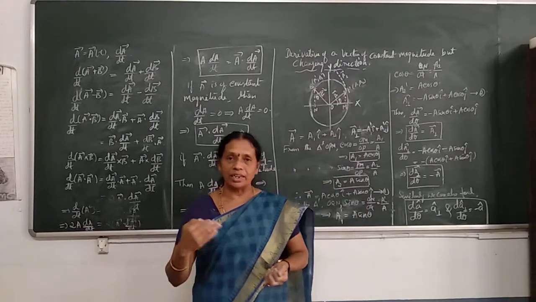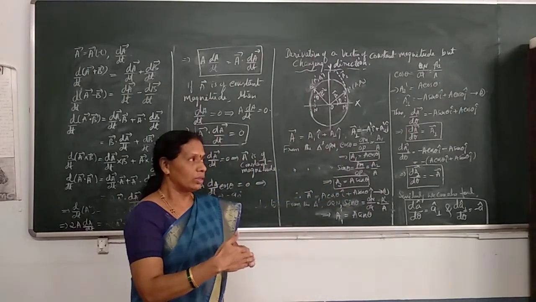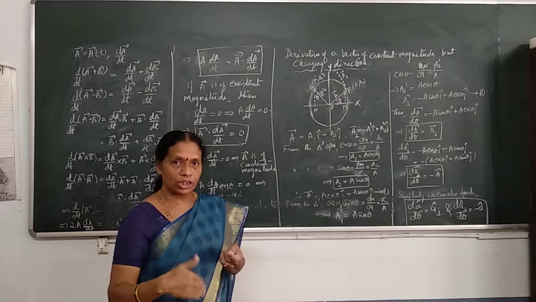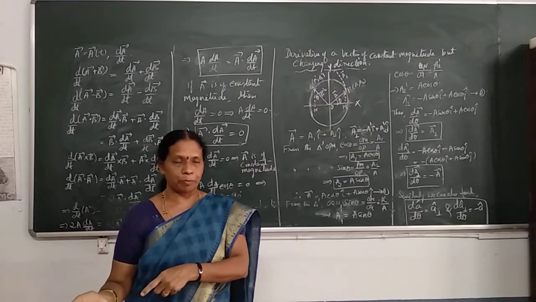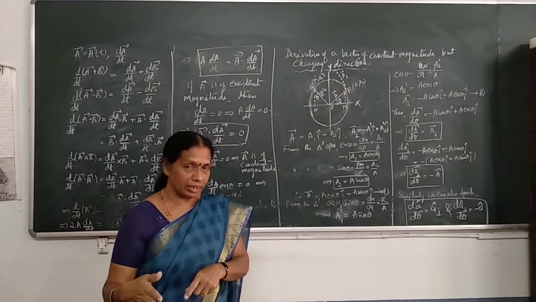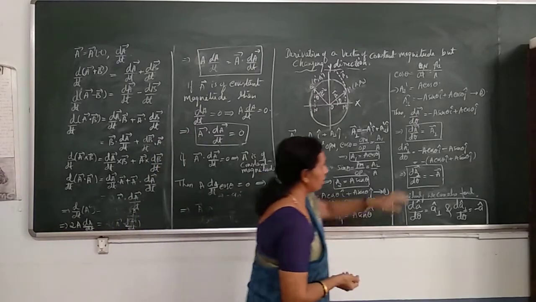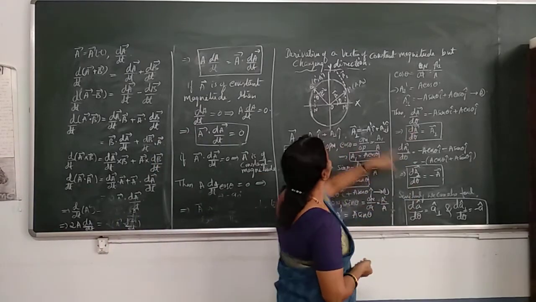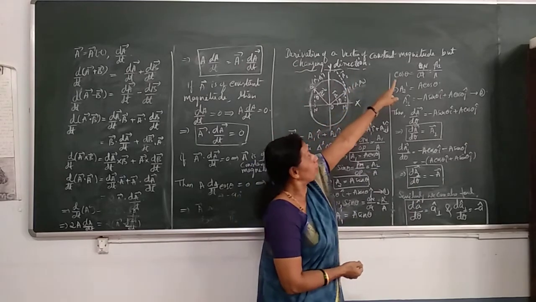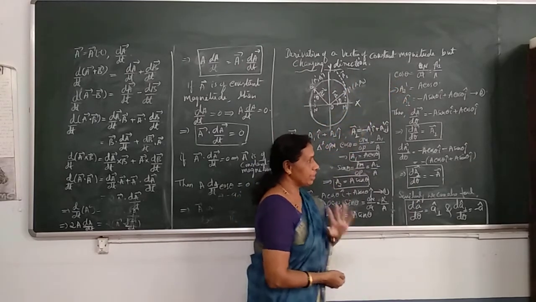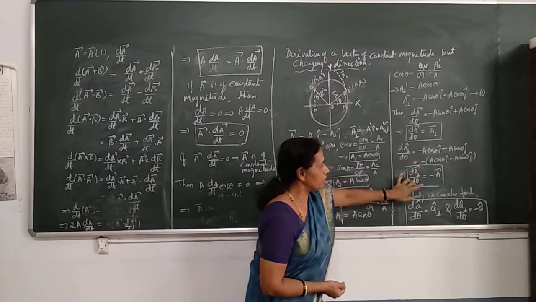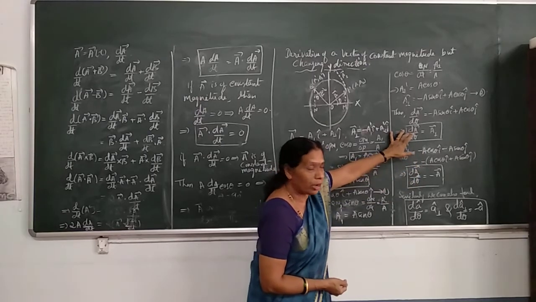Whenever we find the derivative of one vector with respect to the direction, you get the perpendicular vector. The derivative of the perpendicular vector is always equal to minus the given vector. These are the two results, the derivatives of a vector of constant magnitude but changing direction. These are very important derivations, and you have to remember these expressions.